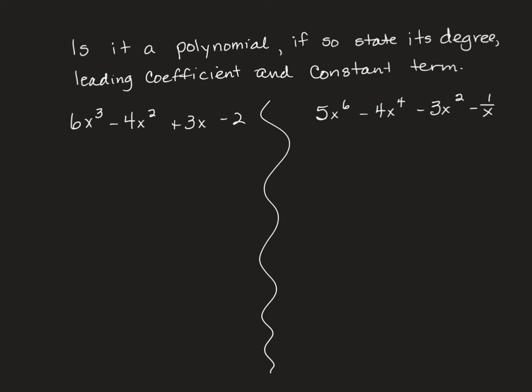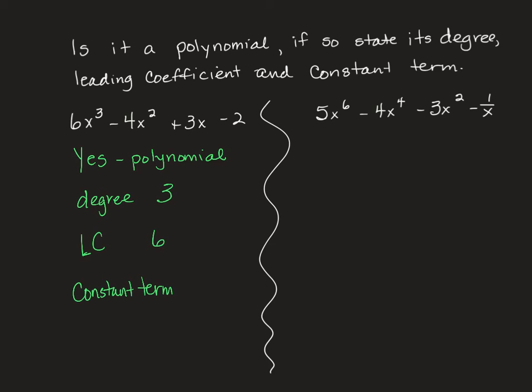The answer is yes, it is a polynomial. So since it is a polynomial, I want to know its degree, leading coefficient, and constant term. The degree is the largest exponent, and that is 3. Leading coefficient goes with that one, so it's 6. And my constant term is -2.